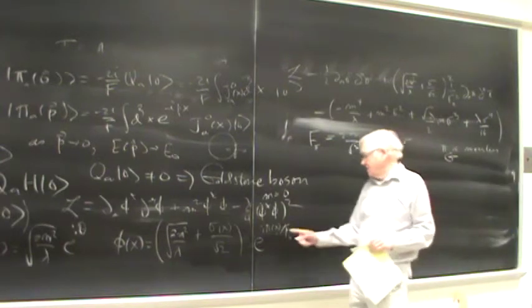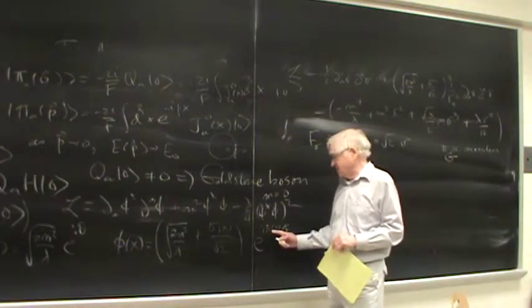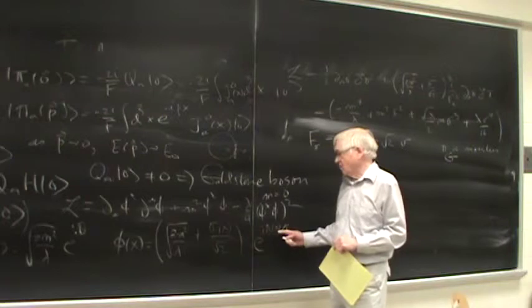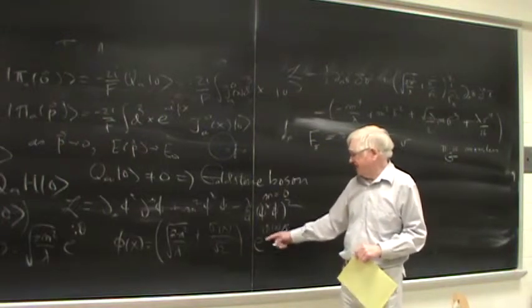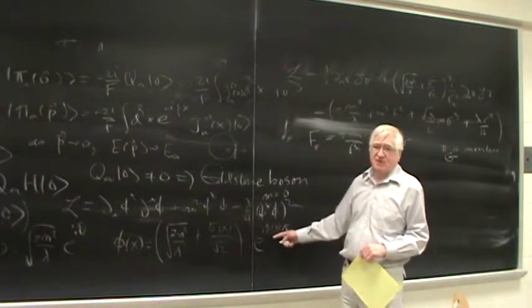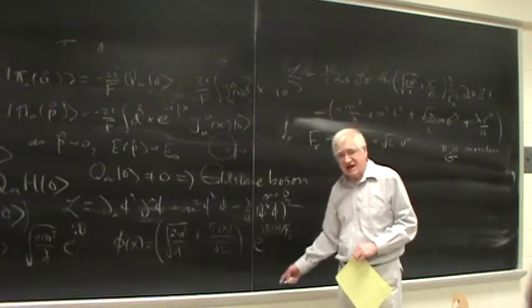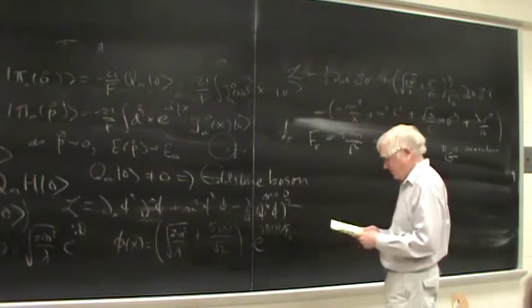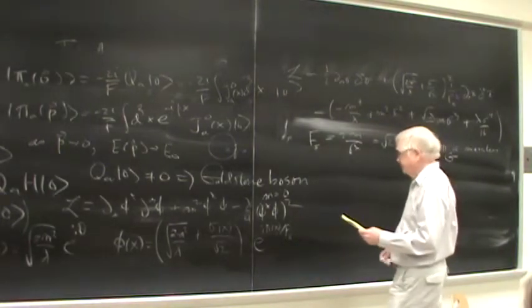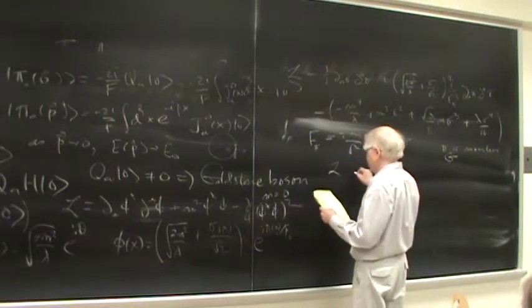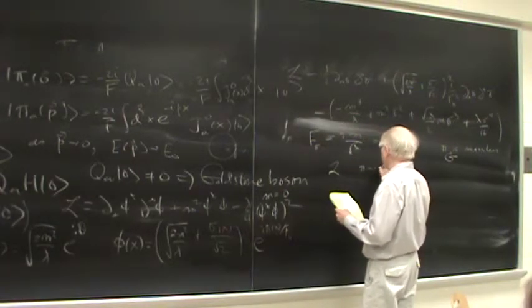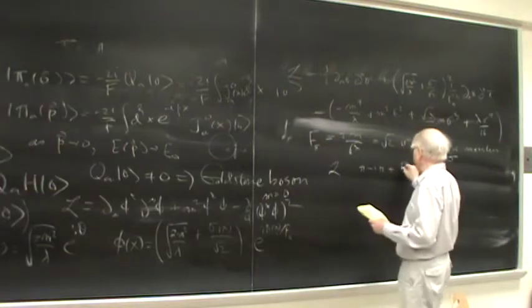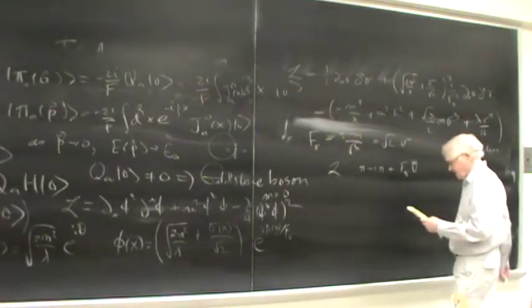Namely, if we send π to π plus something, it just changes the phase. That's the U(1) transformation that is a symmetry of the action, but not of the vacuum. And so L is invariant under π goes to π plus, say, f_π times θ.